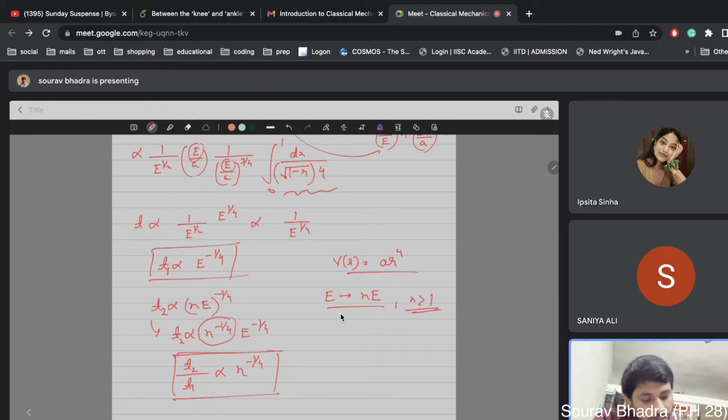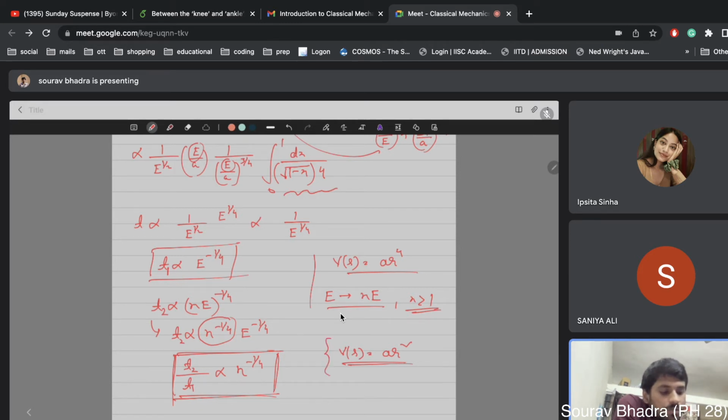So remember that. And you can do a simple problem with V(r) equal to A r squared also, and find the dependency of the time period on the total energy E.